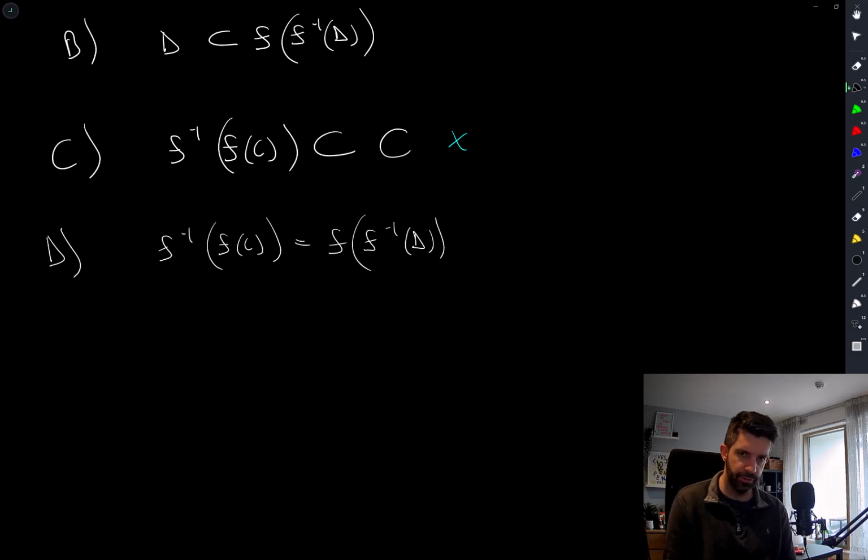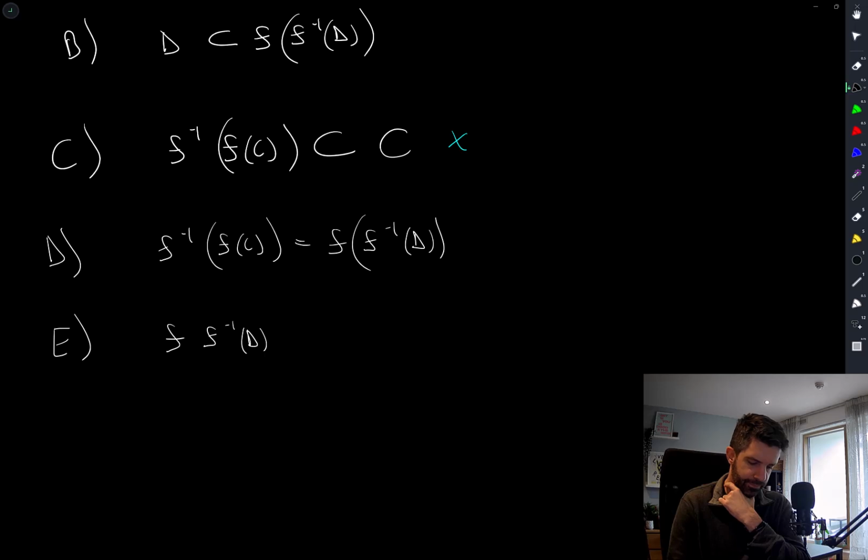So this is definitely not true. There's no relationship between the sets C and D. Non-empty subsets of R doesn't say f is continuous or anything like that, so it doesn't matter that we're a subset of R. This is certainly false because they don't even exist as subsets of the same thing.